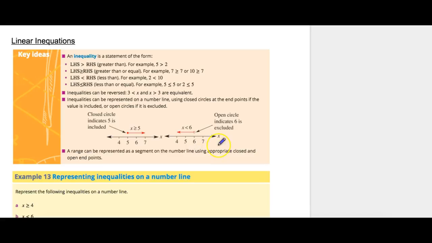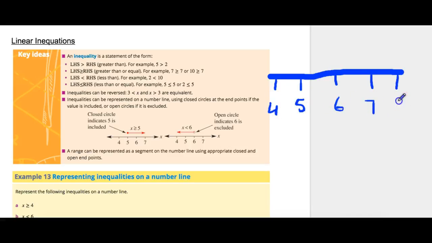You can also have a limit. So this one here obviously keeps going, but in the netball example, let me just quickly draw my number line. Come on, pencil. Okay, so we'll just do 5, 6, 7, 8.